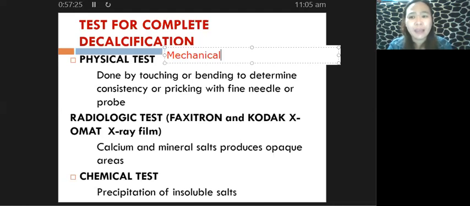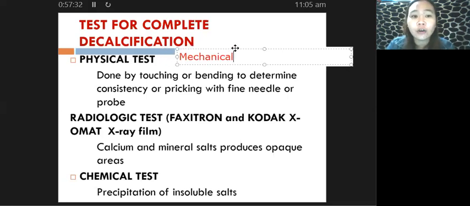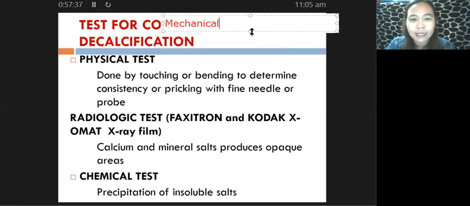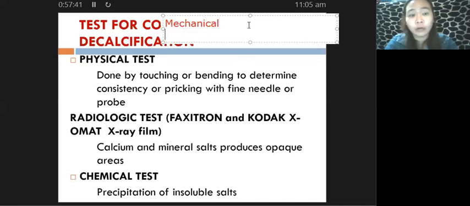So what is the basis of complete decalcification in your physical or mechanical test? Our basis would be if there is a diminished consistency.